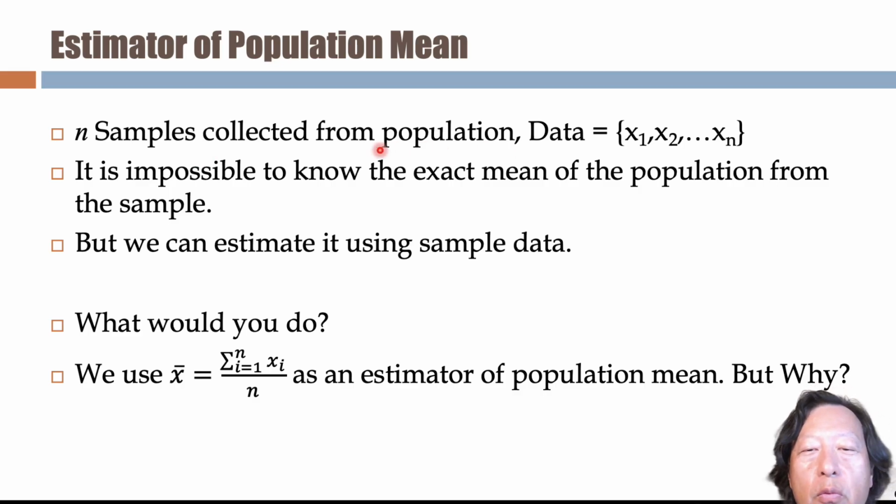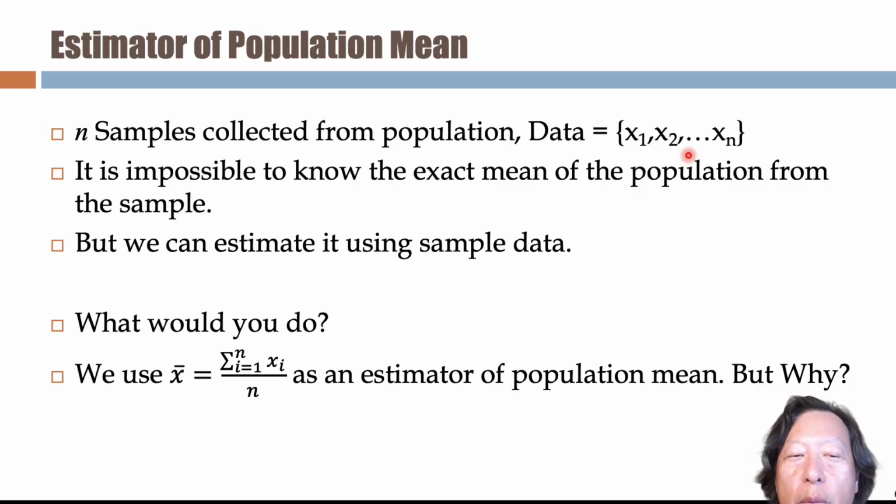I don't know everybody's data, but we collected n data points as a sample. It is impossible to know the exact mean of the population from the sample, right? It's just a small, random part of our population. So it's impossible to know, but we can estimate. At least we can infer what it would be.